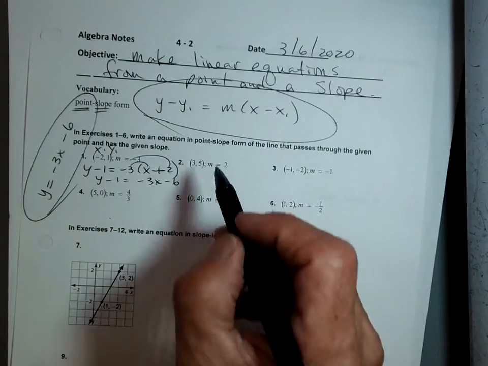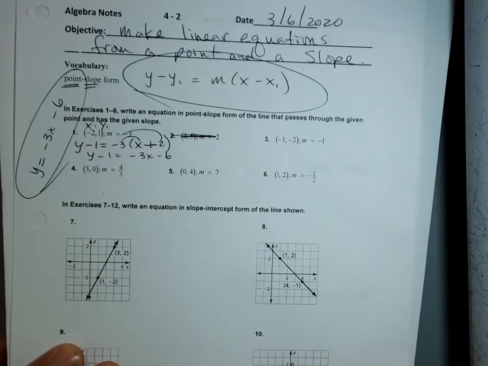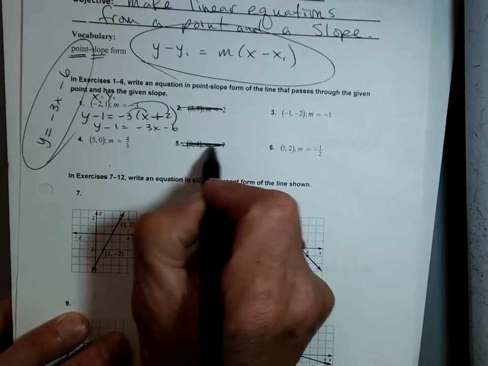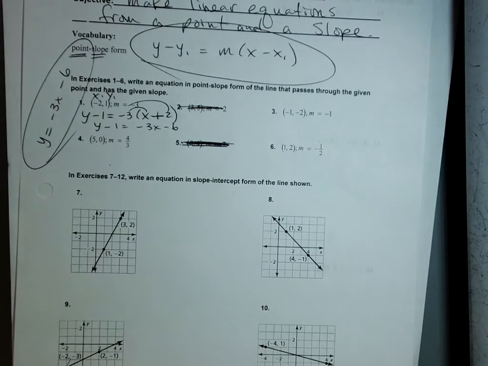All right, let's cross out number 2 just so I have room to do number 3. I just don't have enough room. Cross out 5 also because I need the room, okay? All right, so number 3. Ready? Let's take a look at number 3. My negative 1 goes there. My negative 2 is going to go there.